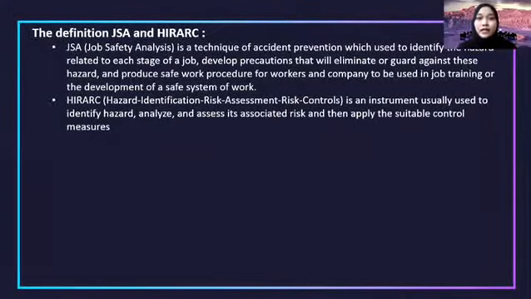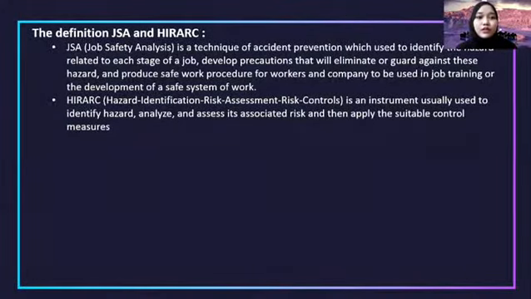And next, the definition of JSA and HIRARC itself. JSA, or job safety analysis, is a technique of accident prevention used to identify the hazards related to each stage of a job, develop precautions that will eliminate or guard against these hazards, and produce a safe work procedure for workers and company, to be used in job training or the development of a safe system of work, so that accidents can be prevented or their occurrence minimized in the future.